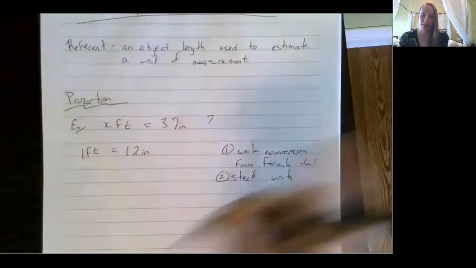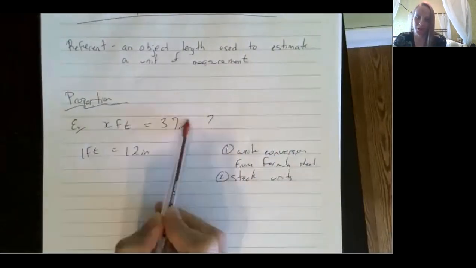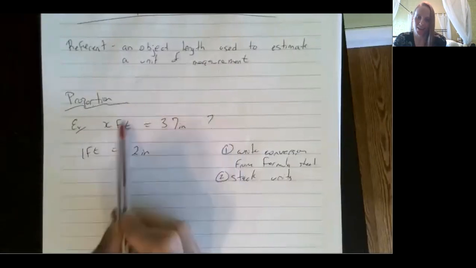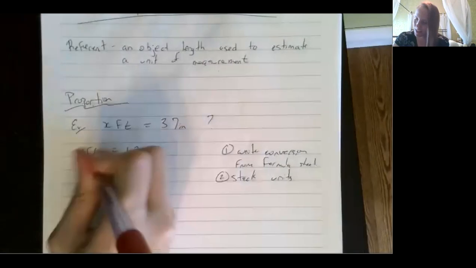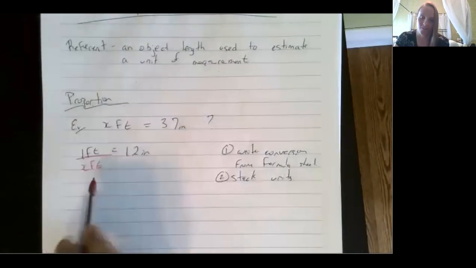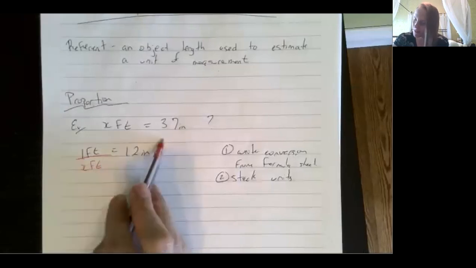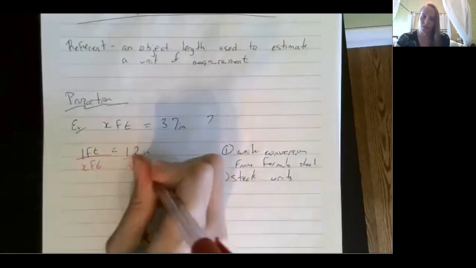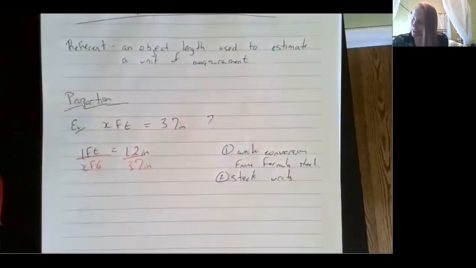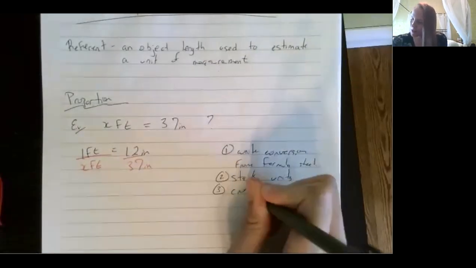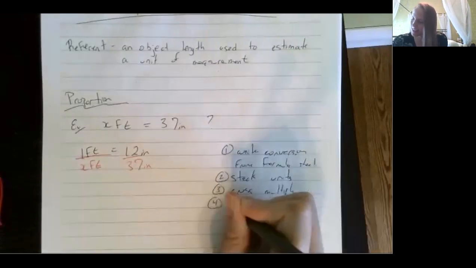And what I mean by that is, in the question, we're just going to put the units underneath our conversion. So the unknown number of feet, I'm going to write underneath the feet in my conversion, and my 37 inches is going to go under where the inches are in my conversion. And then step three is just going to be to cross multiply and then divide.